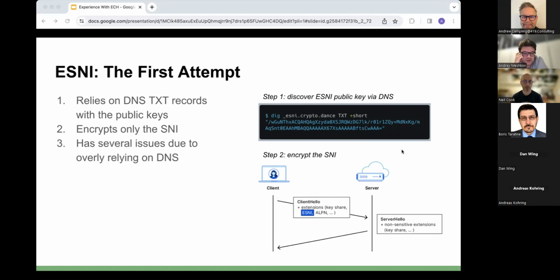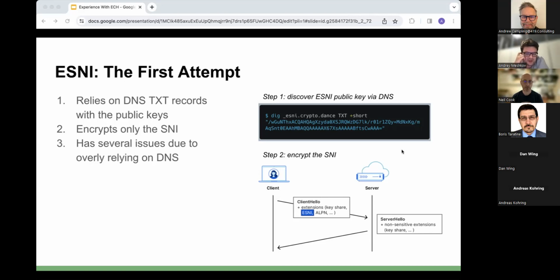The first issue is that the ESNI server was supposed to abort the connection if the decryption fails. And this case could very well happen. The thing is that keys are rotated. For instance, Cloudflare in their implementation rotated ESNI keys every hour.